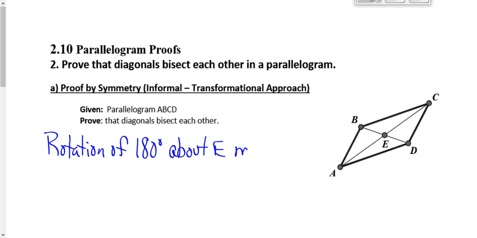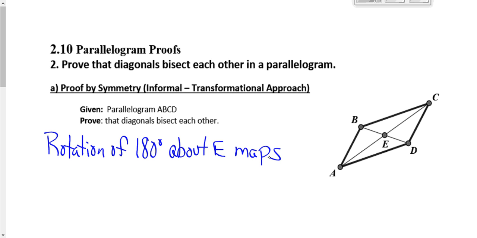Well, map something onto something. What do we need to talk about mapping to get congruent? Okay, so we need to show diagonals bisect each other. So what segments have to map onto one another?